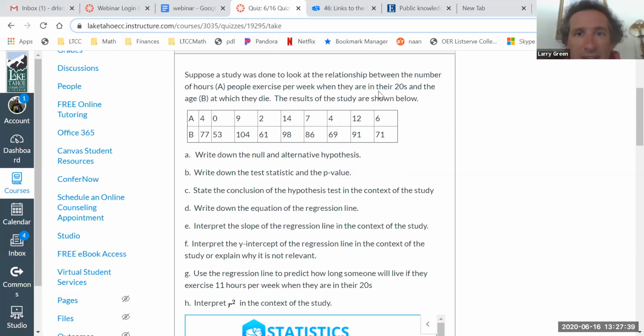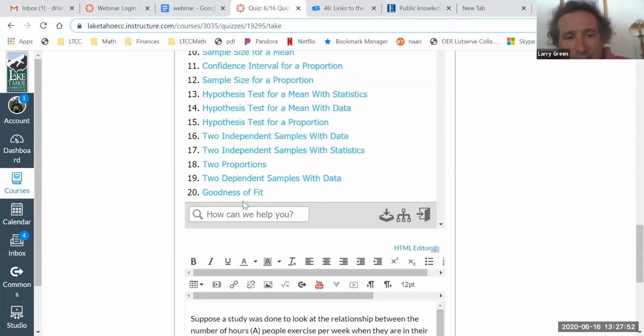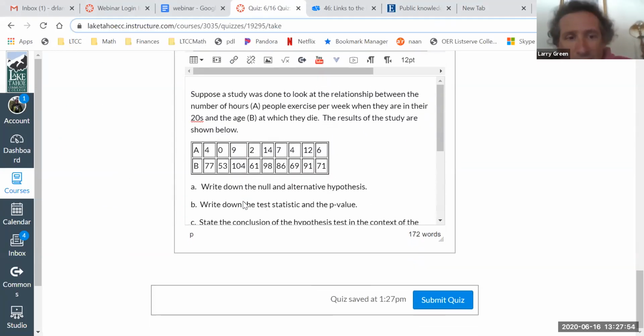Okay, so we need to write down the null and alternative hypotheses. And as I mentioned on Thursday, the null and alternative hypotheses for regression analysis in our class will always be exactly the same.